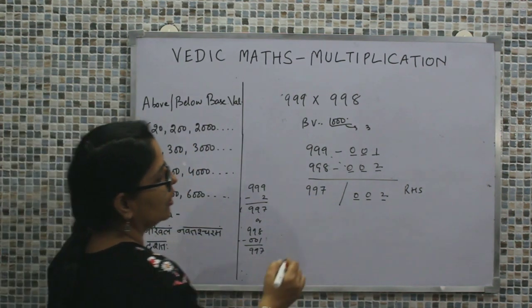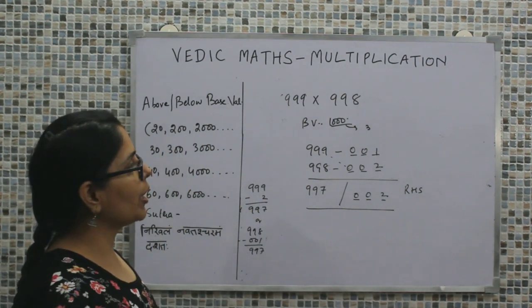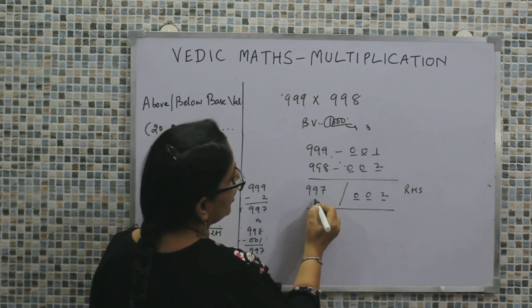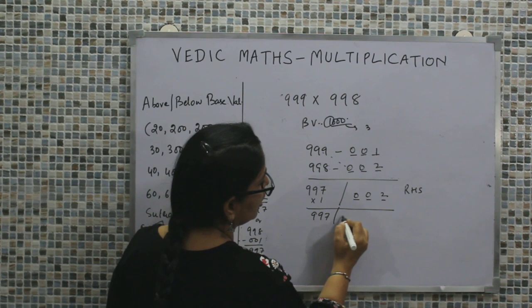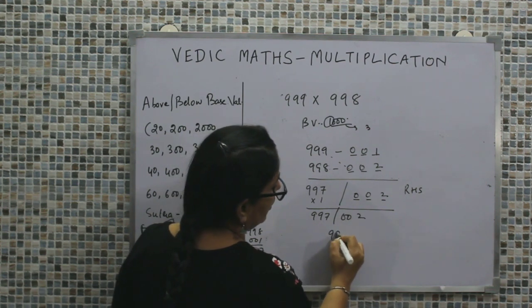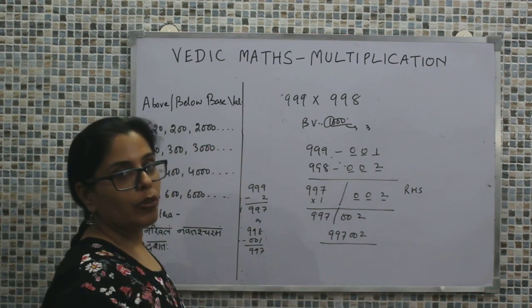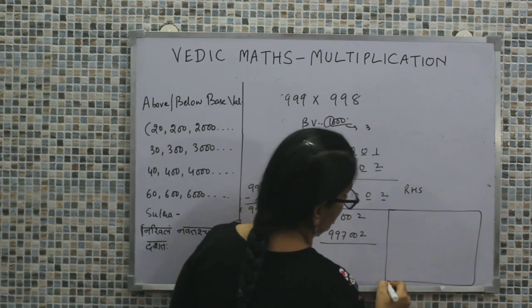It means that this is the final answer and we don't need to make out any multiplying factor, because here the multiplying factor is 1. So any number multiplied by itself is going to give us the same value. So the answer here comes out to be 997002.